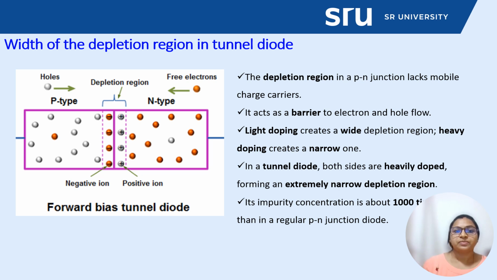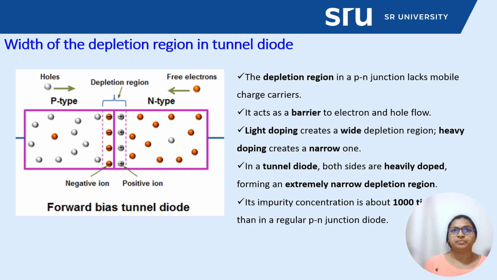So in a tunnel diode, both P and N are very heavily doped, meaning a large number of impurities is introduced, and we get an extremely narrow depletion region.